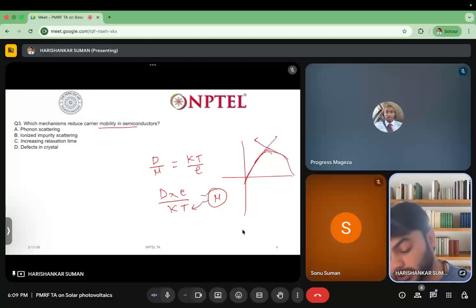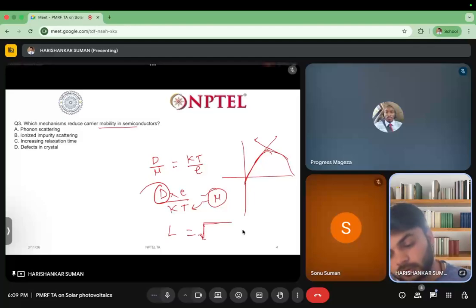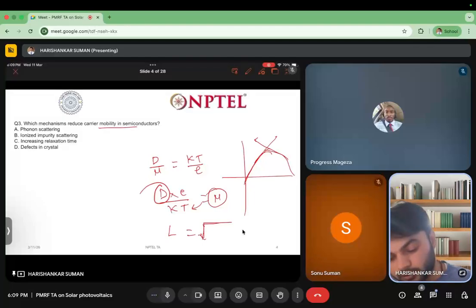These are two different scattering mechanisms. So temperature dependent diffusivity, and scattering also, and diffusion length. Tau also we can correlate by replacing in this equation.